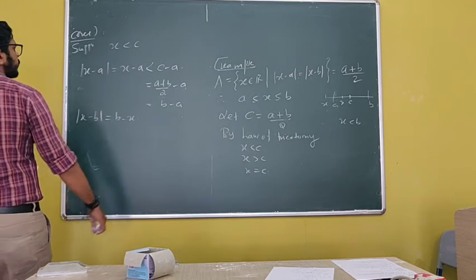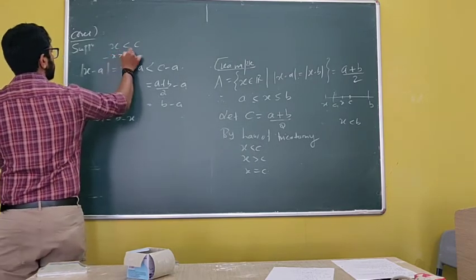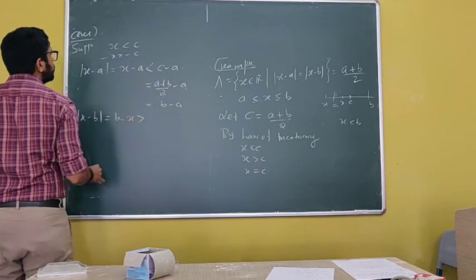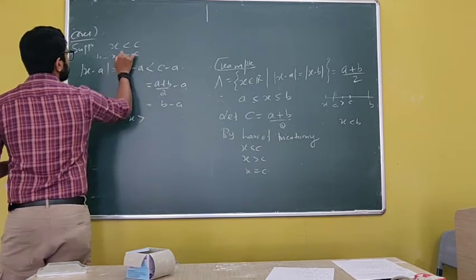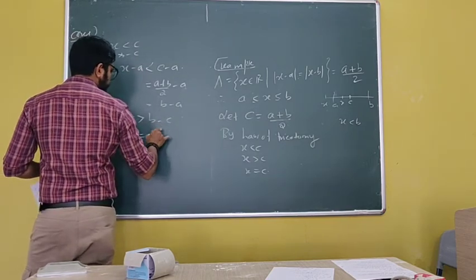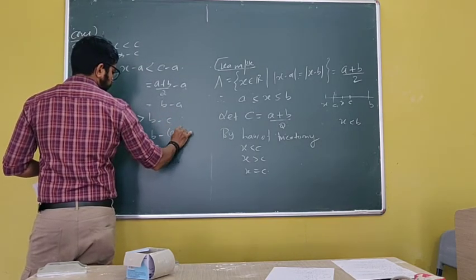So from here, what I get is negative x would be bigger than negative c. If I add b on both sides, what I get is b minus x is bigger than b minus c, which is equal to b minus a plus b by 2.